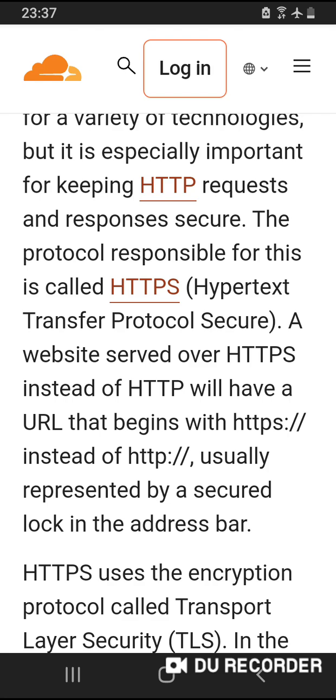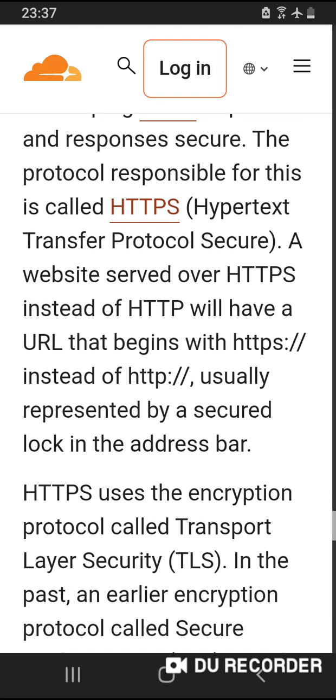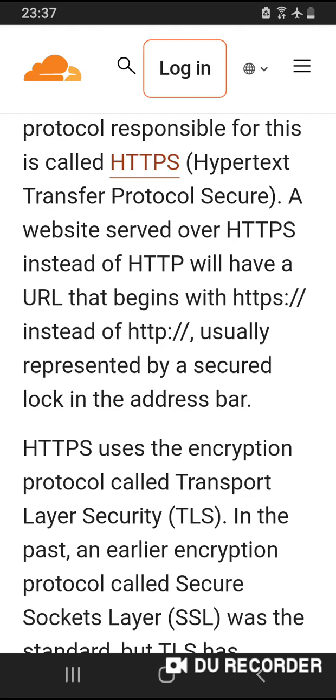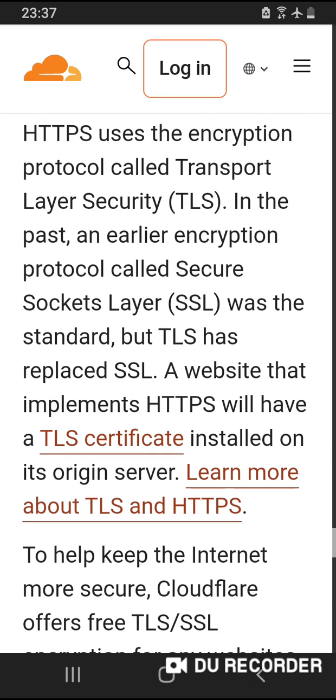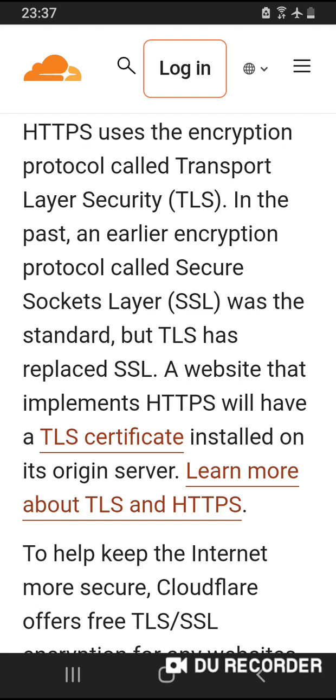A website served over HTTPS instead of HTTP will have a URL that begins with HTTPS instead of HTTP, usually represented by a secured lock in the address bar. HTTPS uses the encryption protocol called Transport Layer Security (TLS). In the past, an earlier encryption protocol called Secure Sockets Layer (SSL) was the standard, but TLS has replaced SSL.